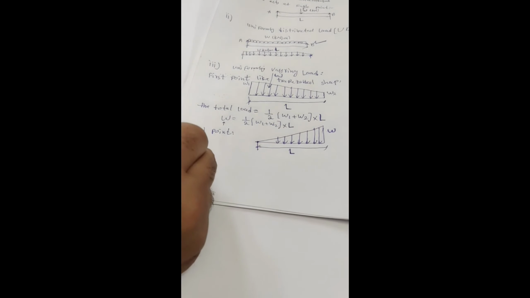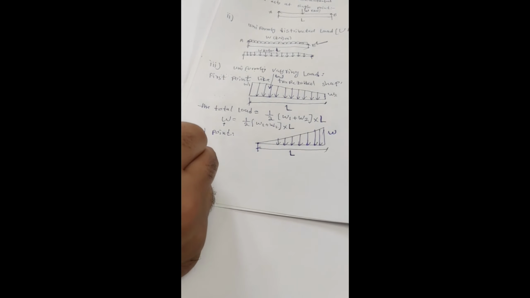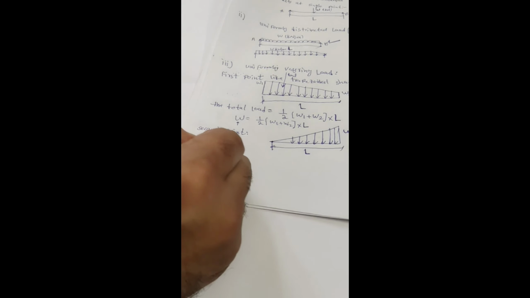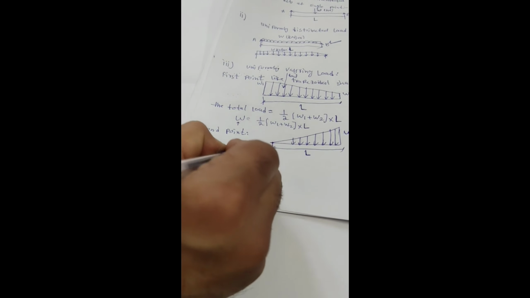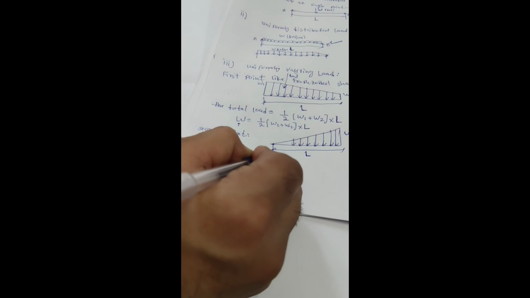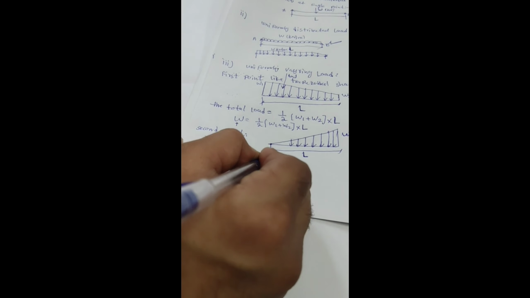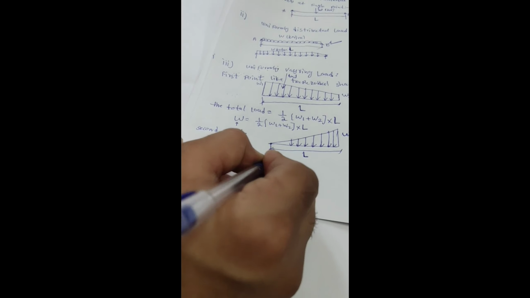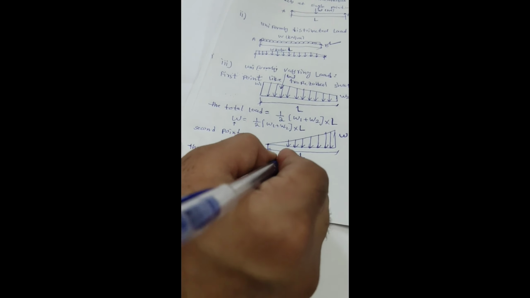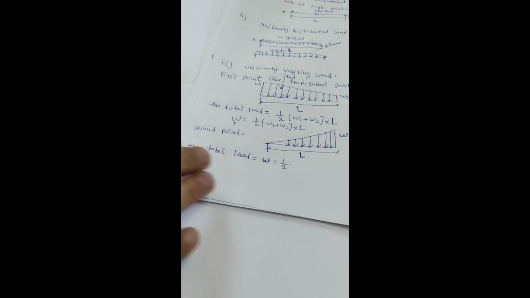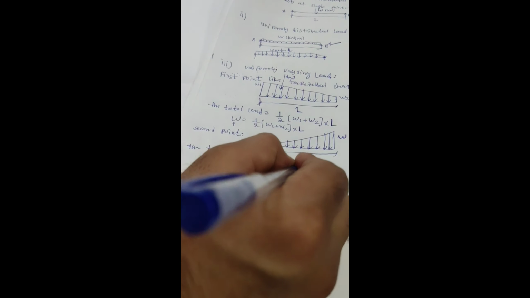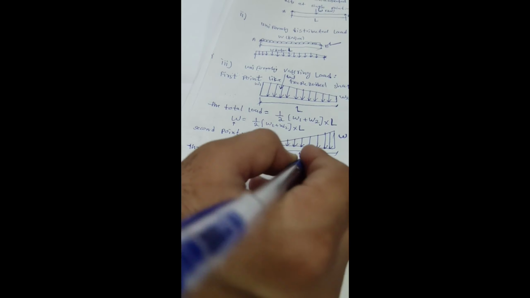Here the total load is denoted by W. W is equal to 1 by 2 into W into L, which is nothing but the area of the triangle, W into L by 2.